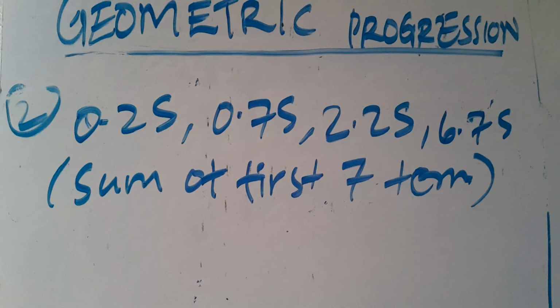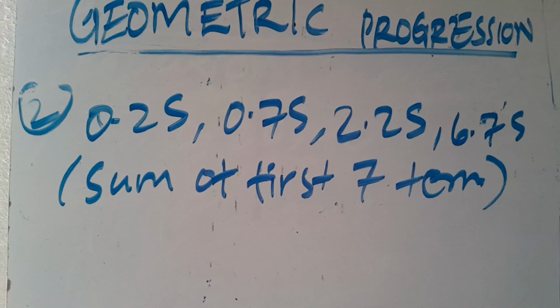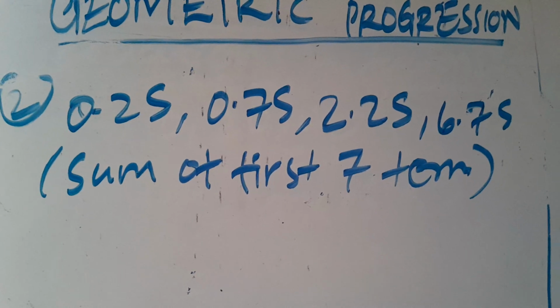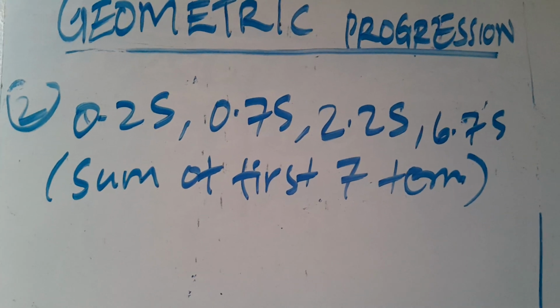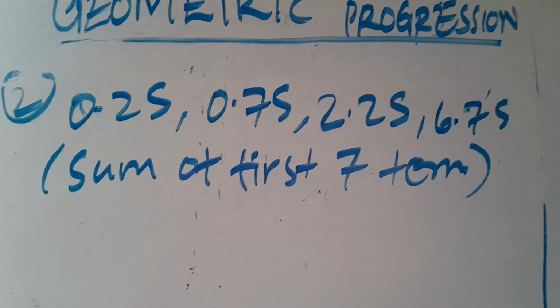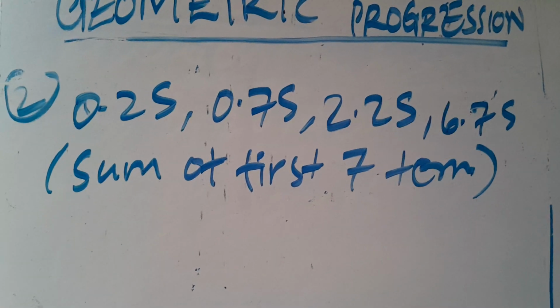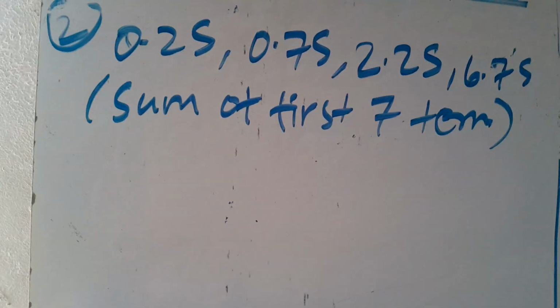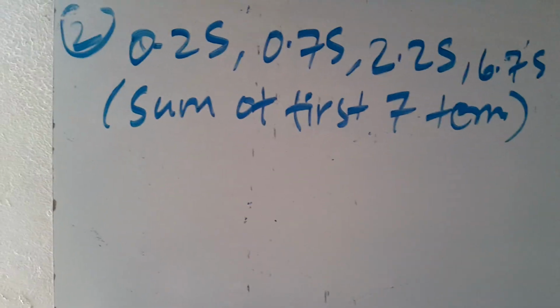Let's have a look at our second example in problems involving geometric progression. We have been asked to find the sum of the first 7 terms in this series: 0.25, 0.75, 2.25. What is the formula for finding the sum of a given number of terms?